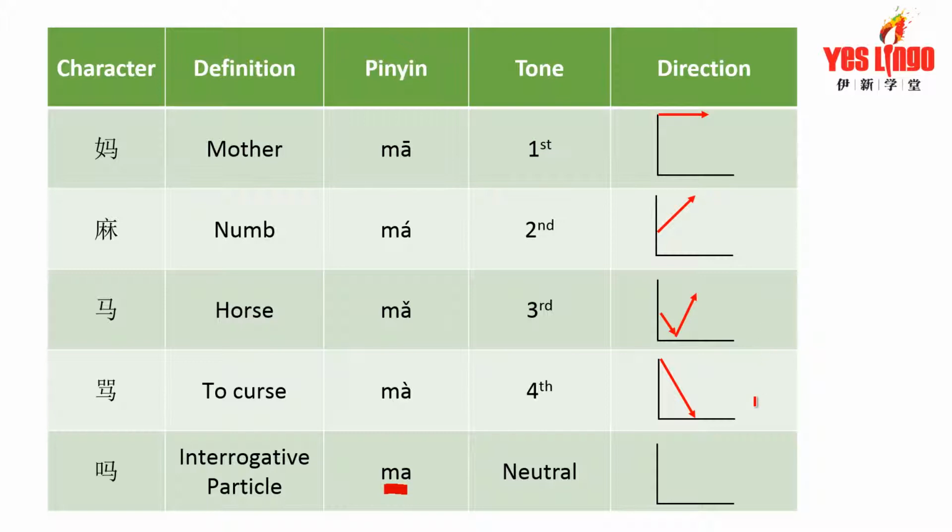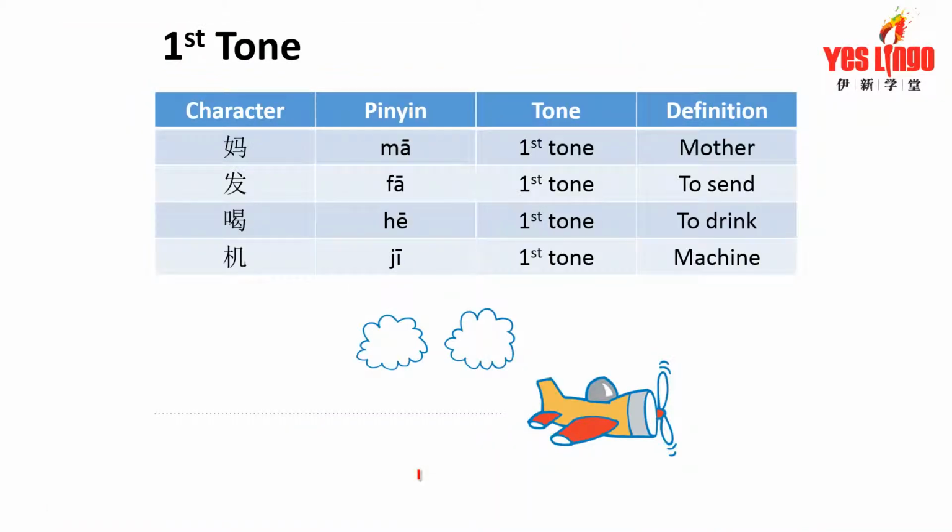And the fourth tone is quite a strong downward tone. Ma, ma. And finally, the neutral tone is pretty much the unstressed word. Ma, ma. So we get ma, ma, ma, ma, ma. See that?